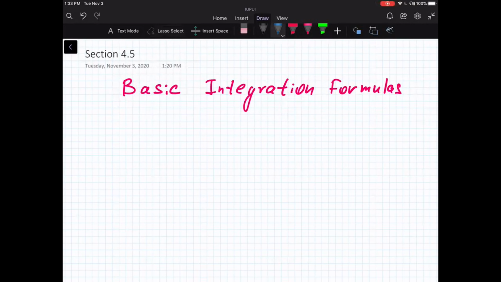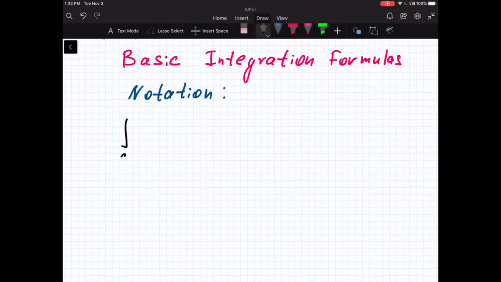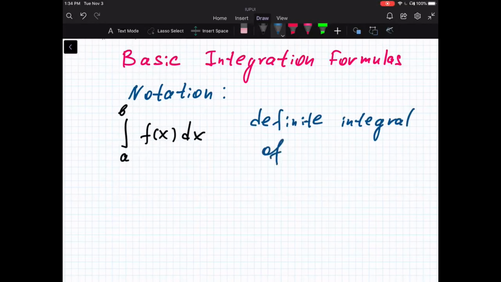But before going there, let's introduce some notation. Recall that the integral from a to b of a function f of x dx is called the definite integral of f from a to b. This is one thing.